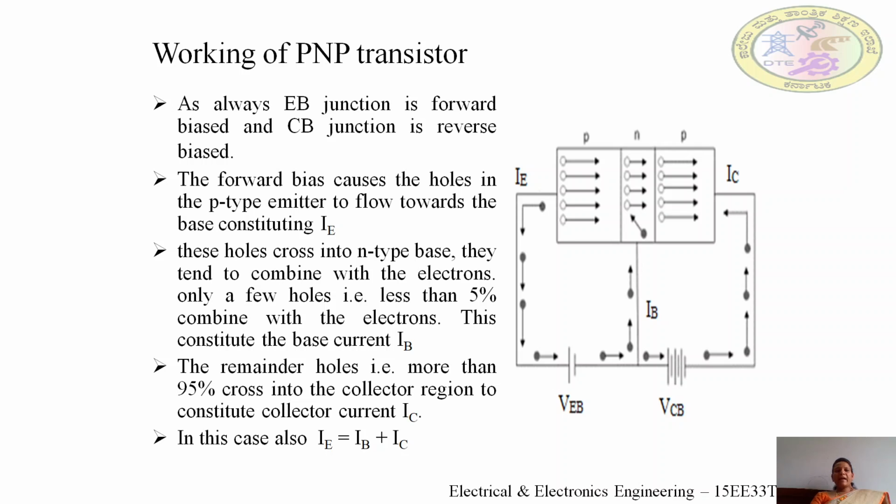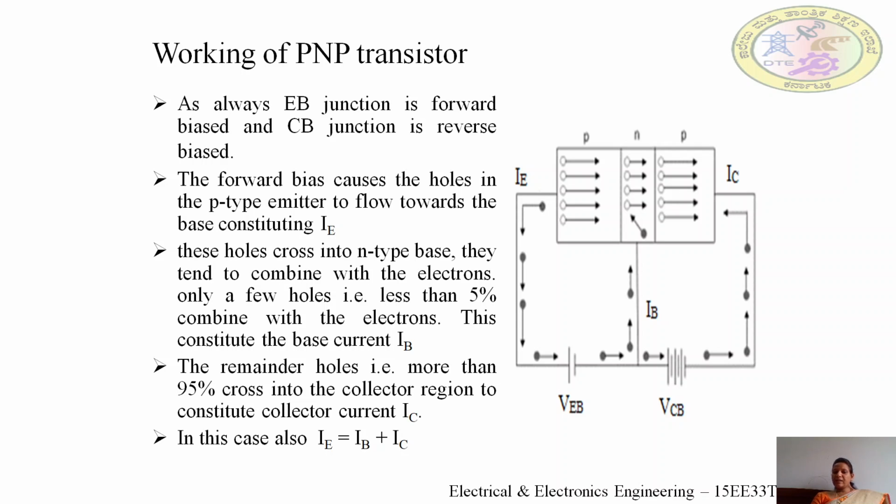In a similar manner, we can understand the working of a PNP transistor. In a PNP transistor, we have an N-type base region sandwiched between two P-type regions. As always, the emitter base junction is forward biased and the collector base junction is reverse biased.